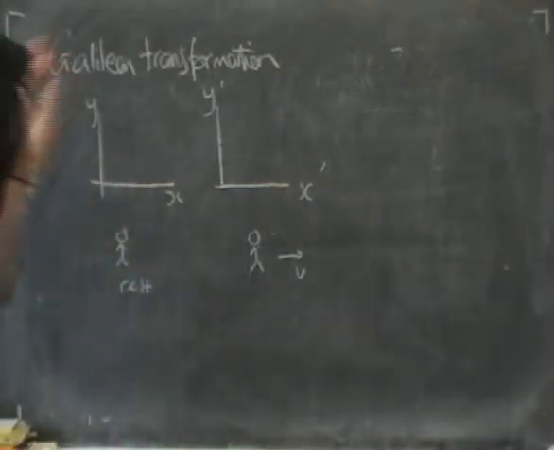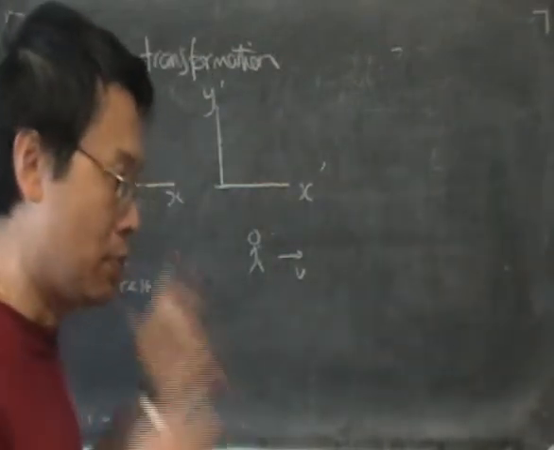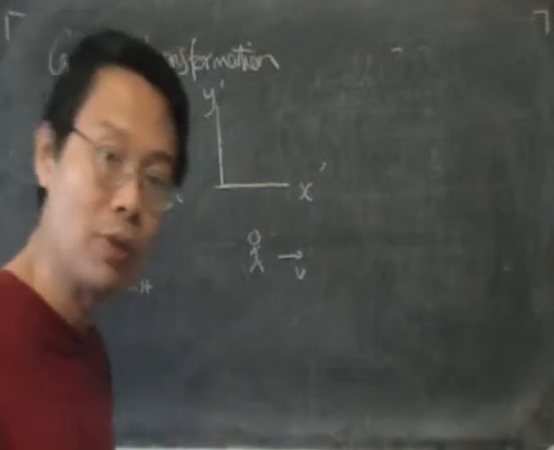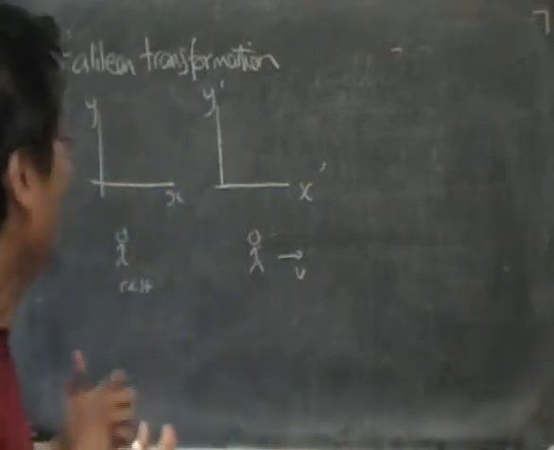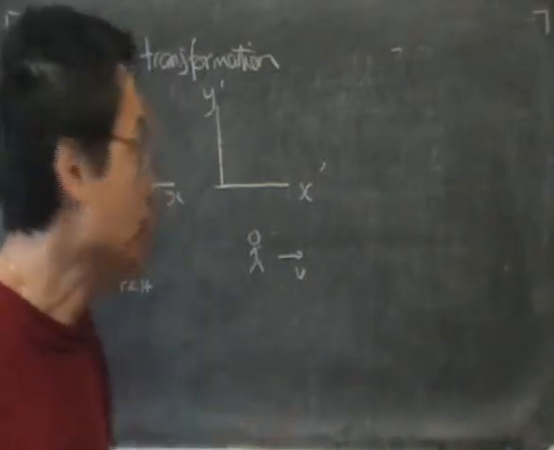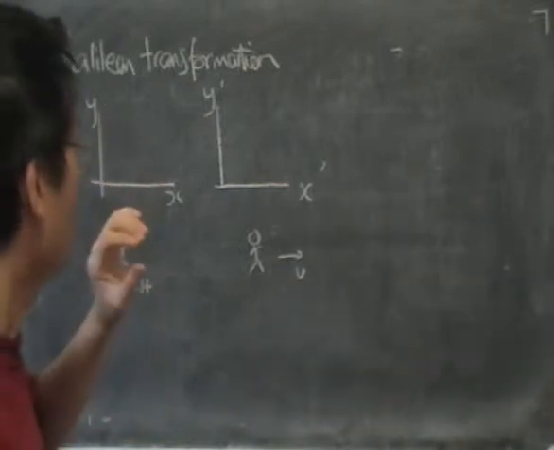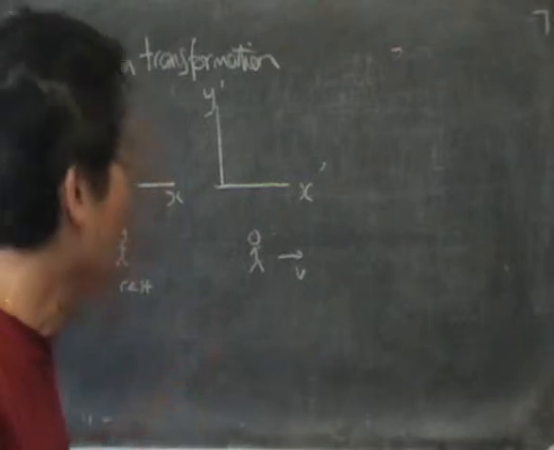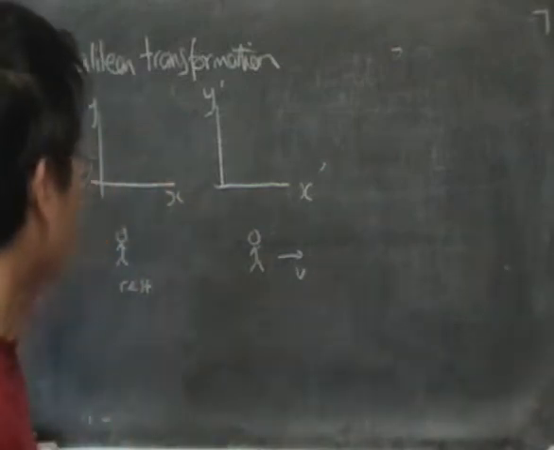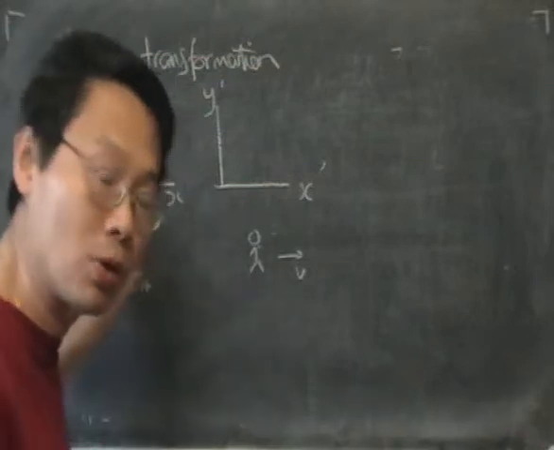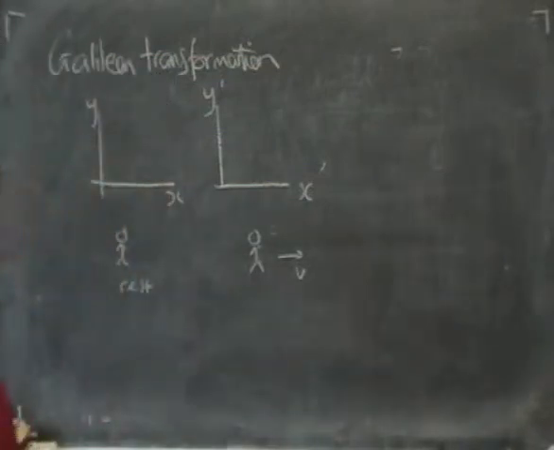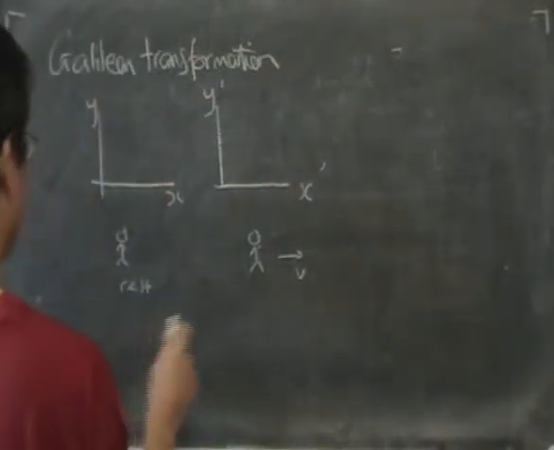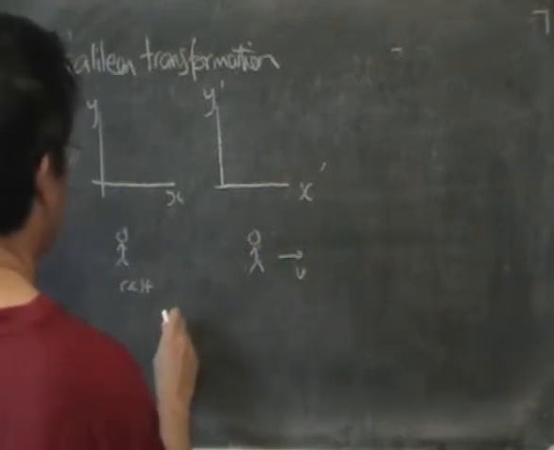Now, Galilean transformation is a set of equations to calculate the coordinates from the viewpoint of one observer given the coordinates from the viewpoint of the other observer. And this is what it looks like.